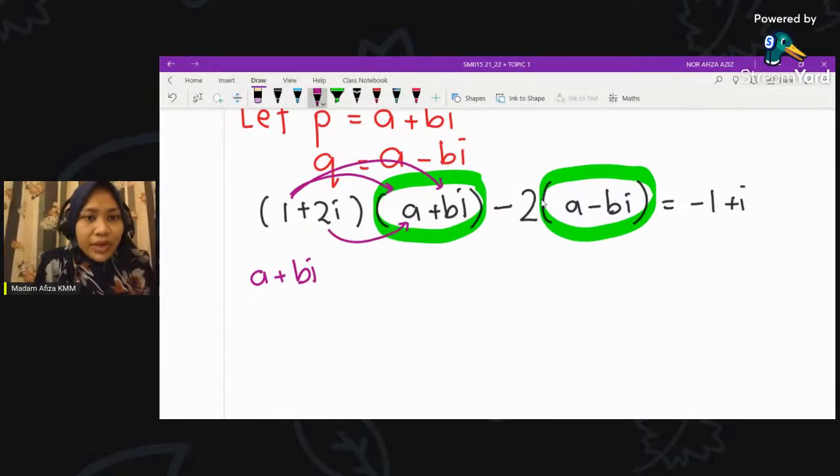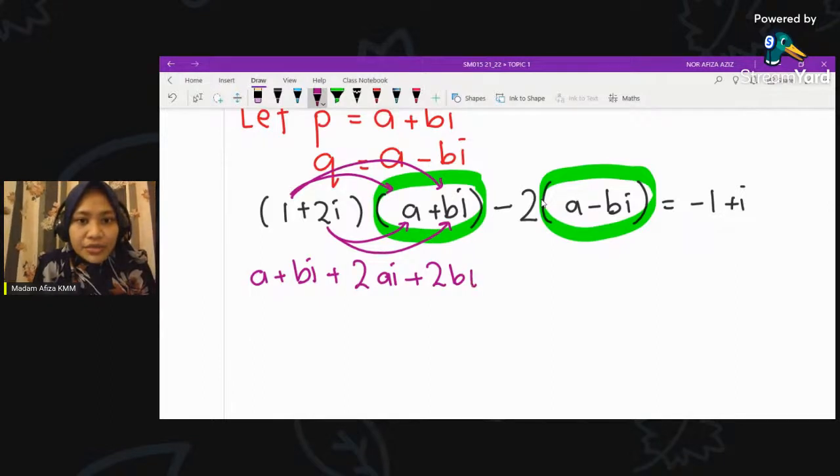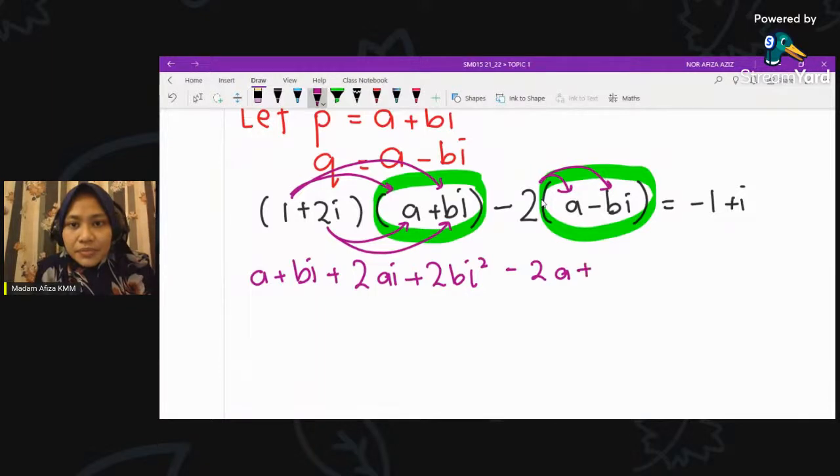Next, 2 times b is 2b, then i times i, which is i squared. For the second one, we have 2a, and then negative, negative becomes positive, equal to negative 1 plus i.